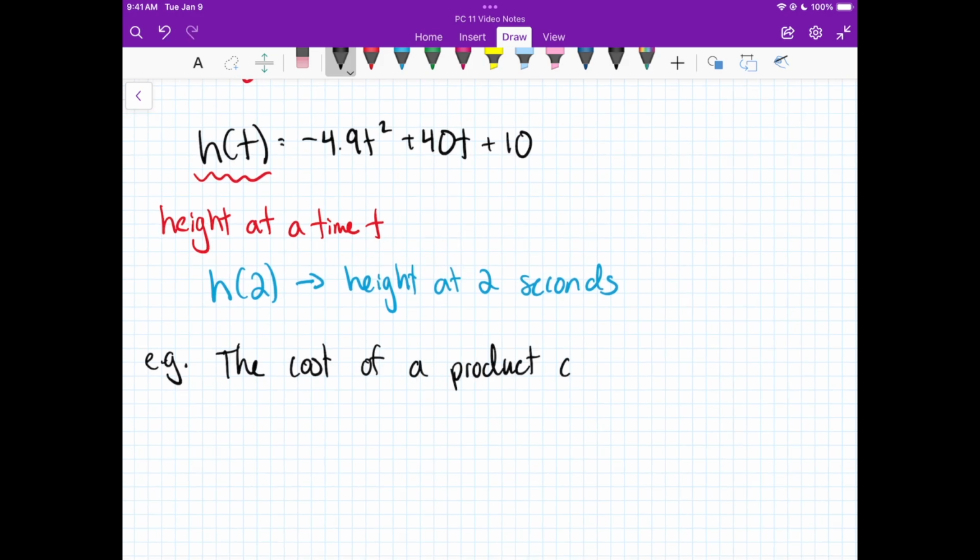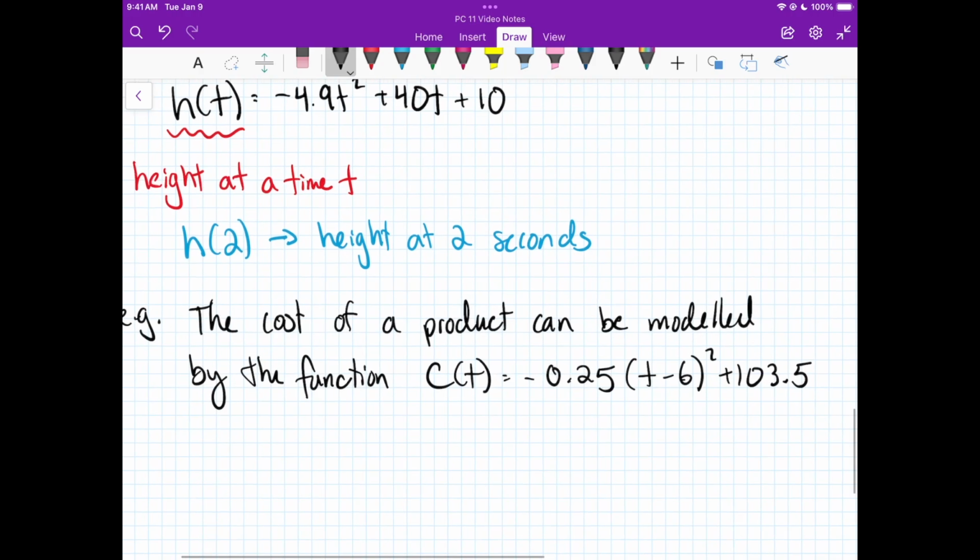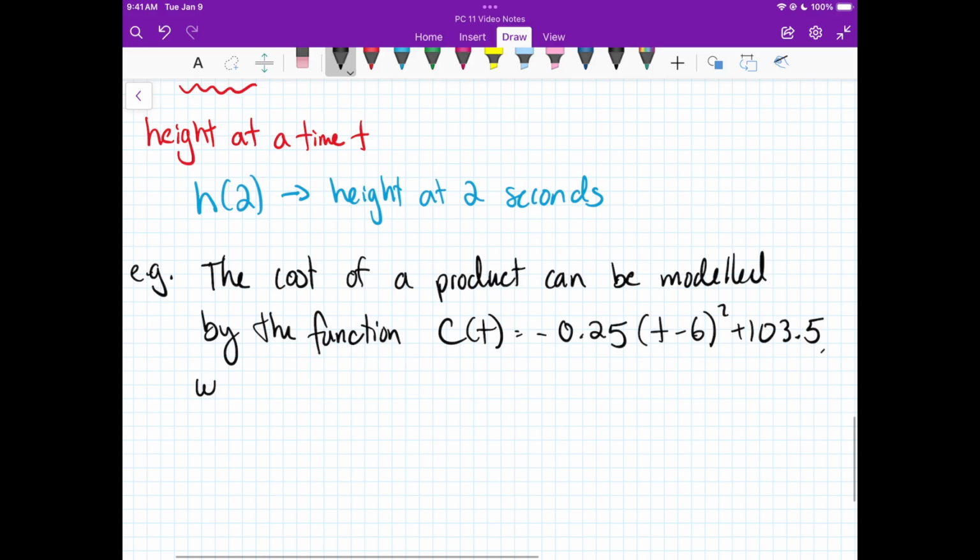It can be modeled with a specific function, which is c of t, so that's cost after a specific time, equals negative 0.25 times (t minus 6) squared plus 103.5. And so t is the number of months since this thing came out.